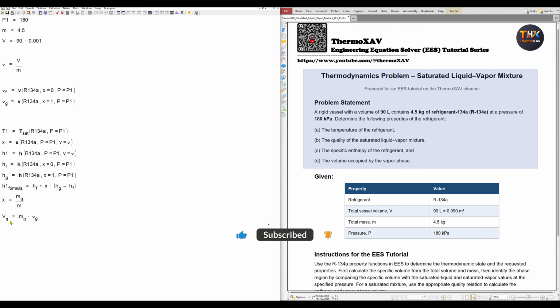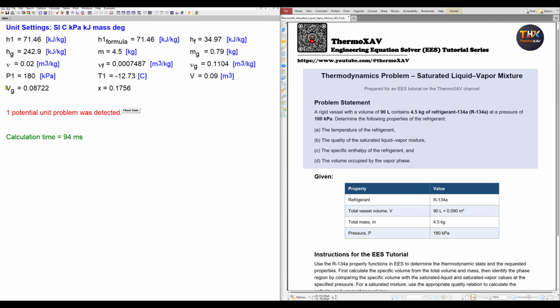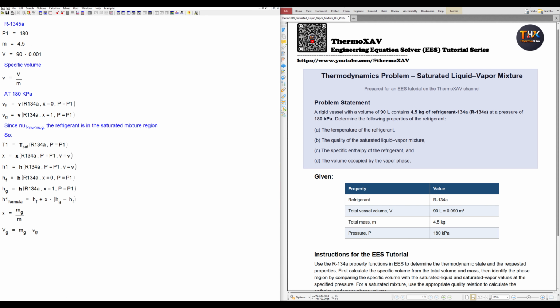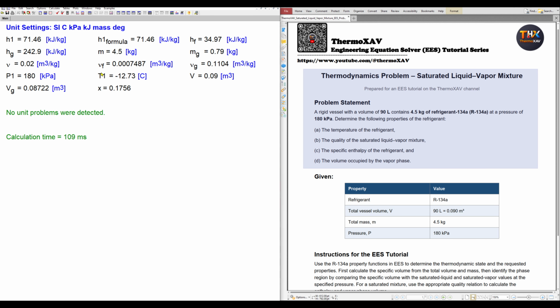Based on this equation, I can calculate the Vg. These two are now known data. So I can solve this, and the volume occupied by the vapor phase is this value, 0.08722. Then I can copy and paste the unit here for the vapor side, press OK and solve the equation.